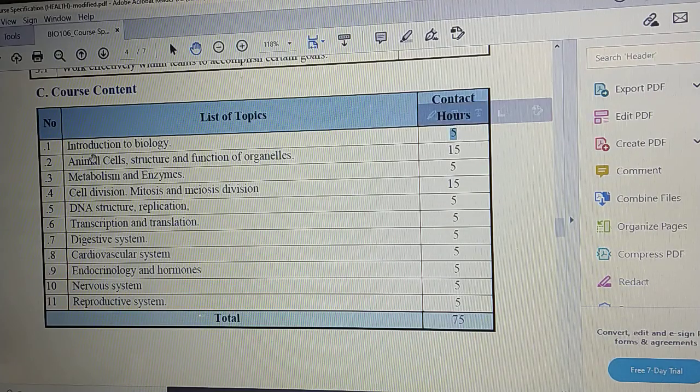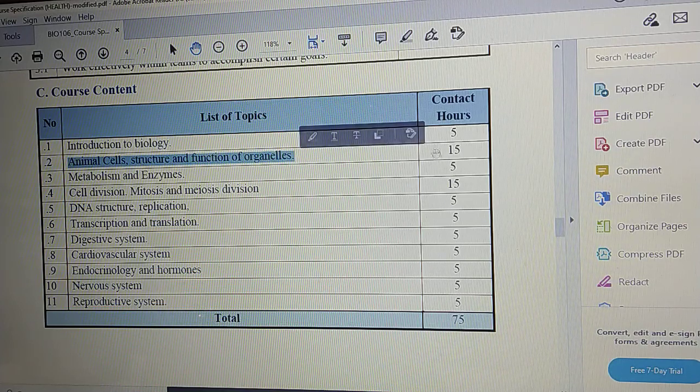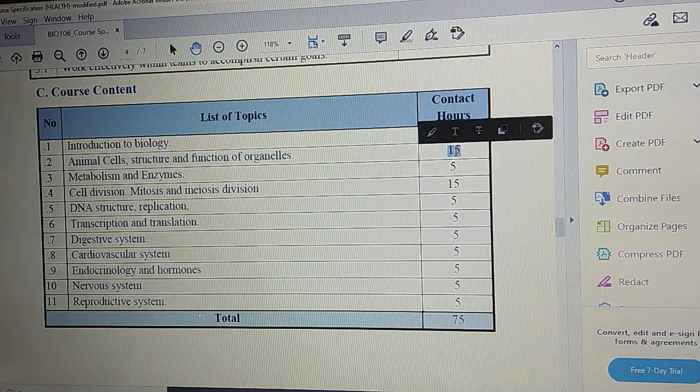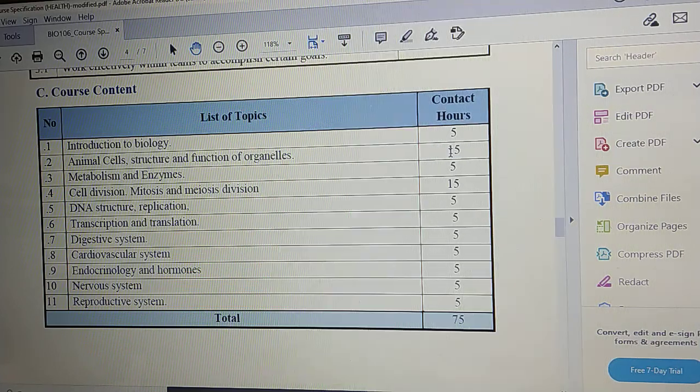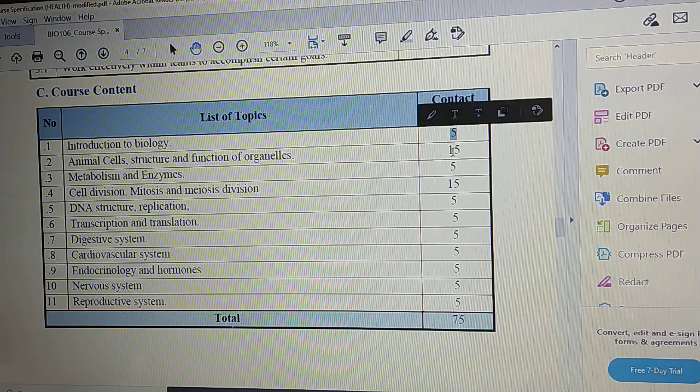Another example, for chapter 2, the contact hours are 15. In the biology course, we have lecture and lab. For each week, the lecture is 3 hours and 2 hours for the lab. So each week I have 3 hours.